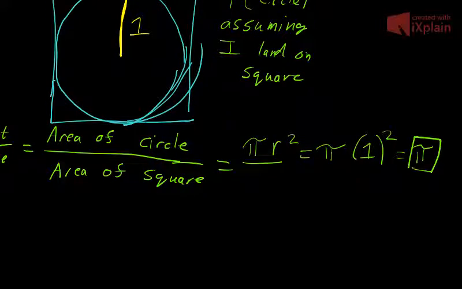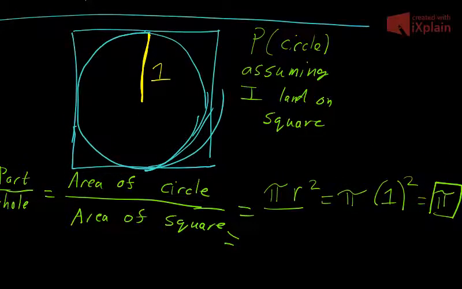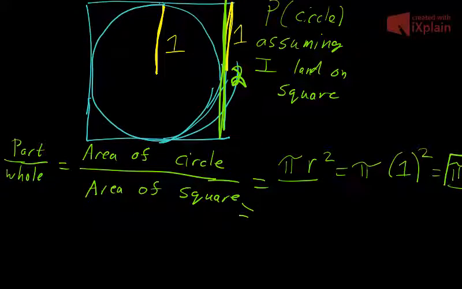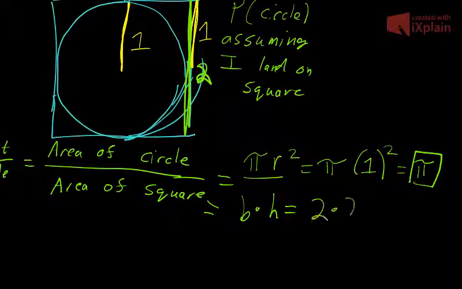The area of my square is going to be a little bit harder to find, but I know that halfway down this side is 1, which means that the entire side is 2. So if the whole side is 2, I know that the area of the square is base times height, which in this case is 2 times 2, which is 4.